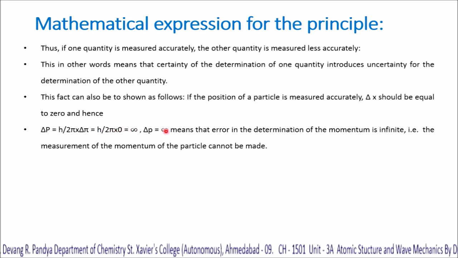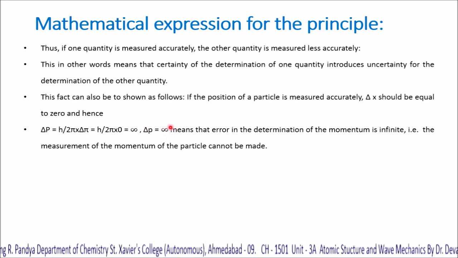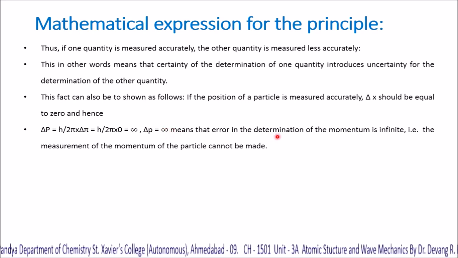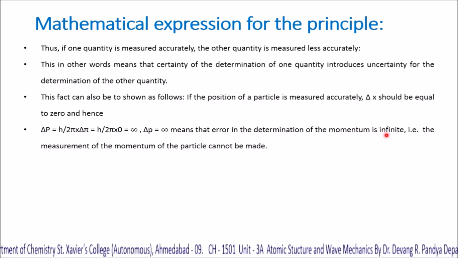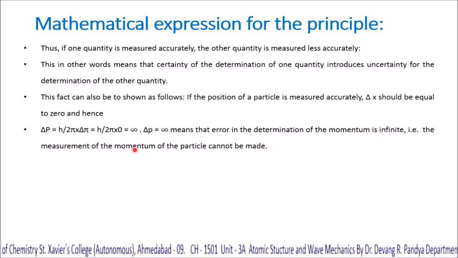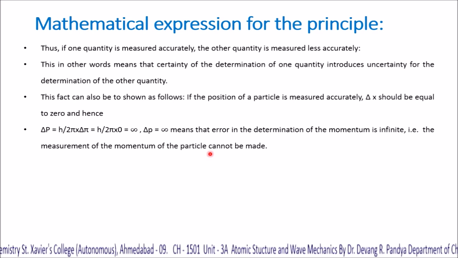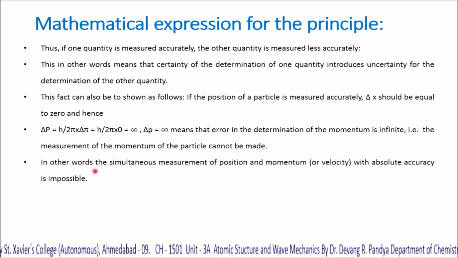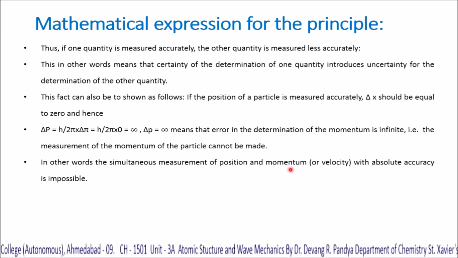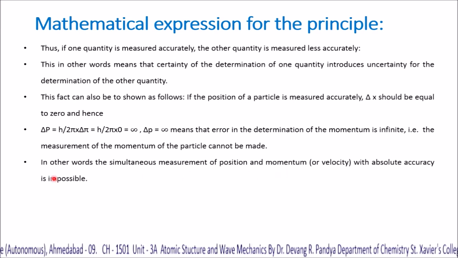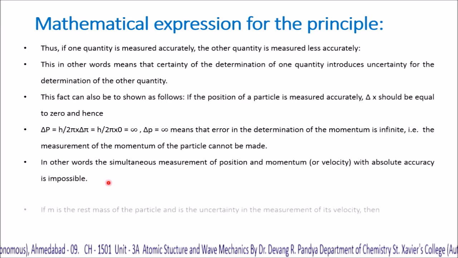So the momentum is going to be infinitely high, which means the error in the determination of the momentum is infinitely high. The measurement of the momentum of a particle cannot be made. In other words, the simultaneous measurement of position and momentum with absolute accuracy is impossible.